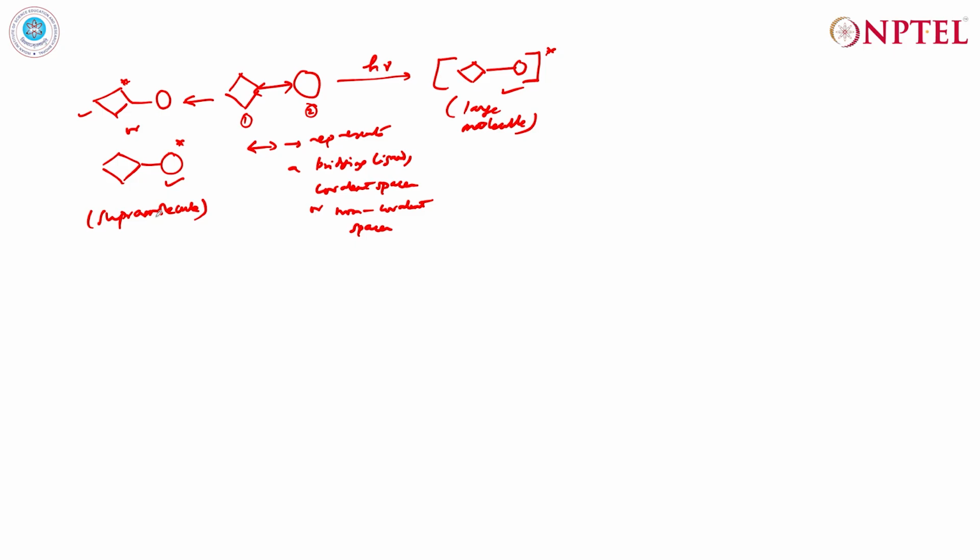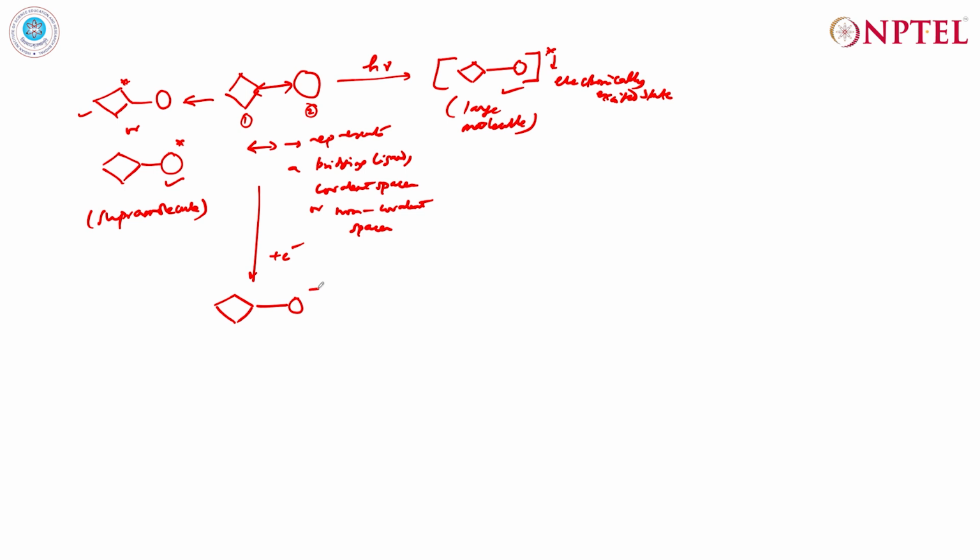We can take another example where the star here indicates an electronically excited state. We can have another case where we actually put an electron into the system.